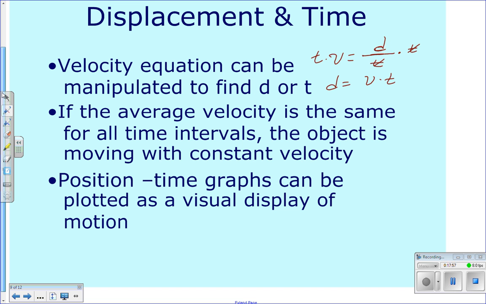Then we could divide both sides by v to leave t by itself. And t would equal d divided by v. I'll put that other one back up here. D equals v times t. Okay? If you like these things, you'd have d on top and v and t on the bottom.